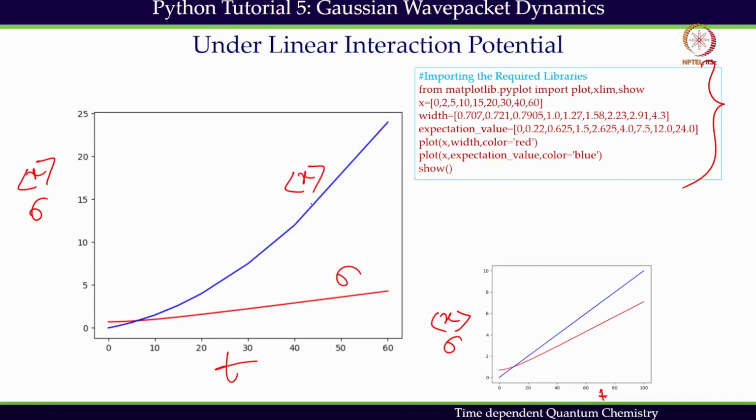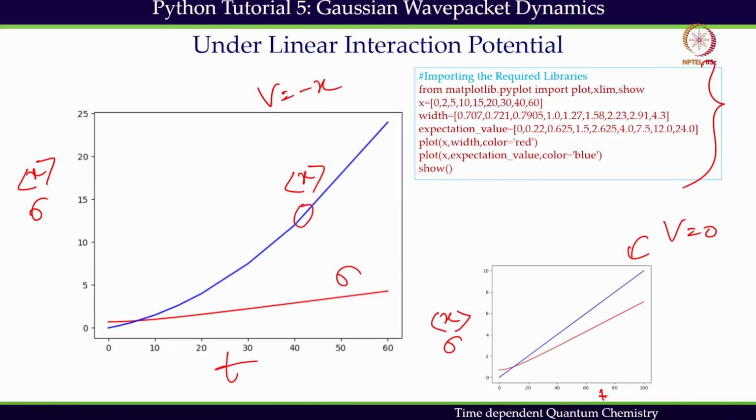What we see is that now there is a striking difference between the particle experiencing a linear potential and the particle experiencing zero interaction potential. This is V equals 0, and V equals minus x is the potential it's experiencing. The mean position is non-linear with respect to time.